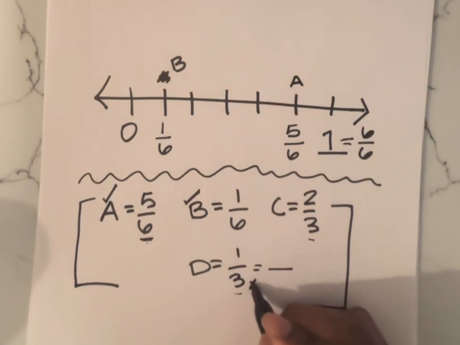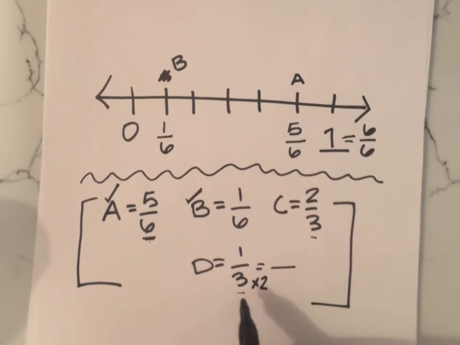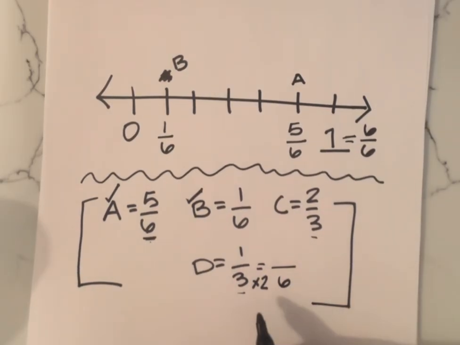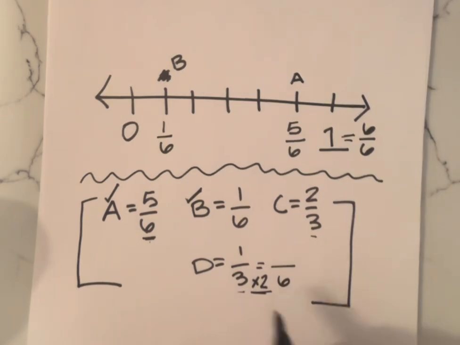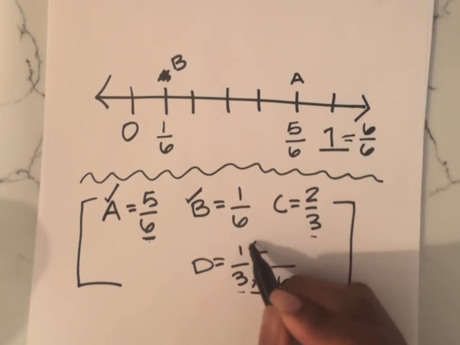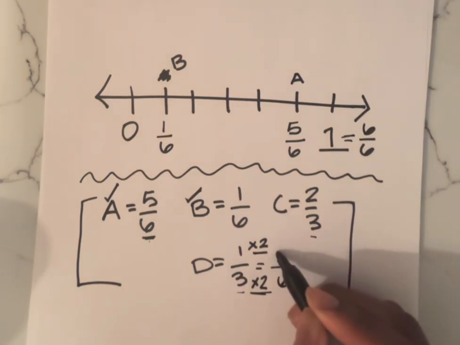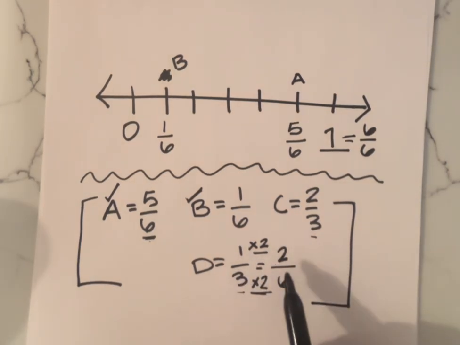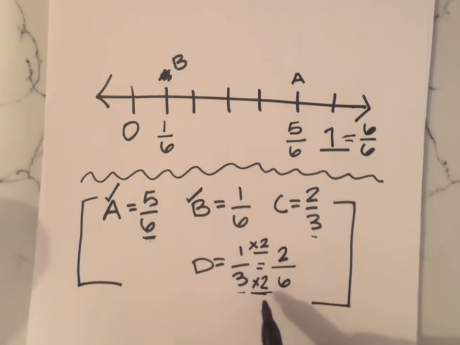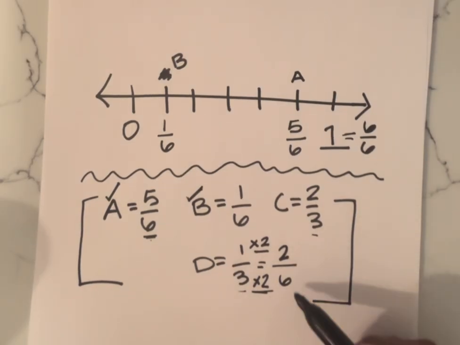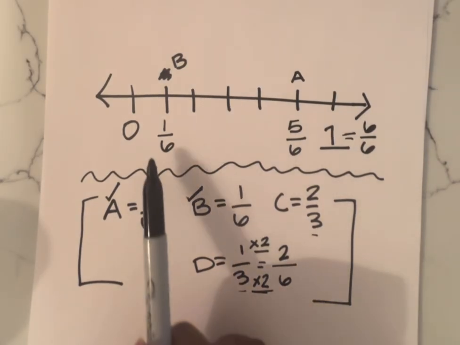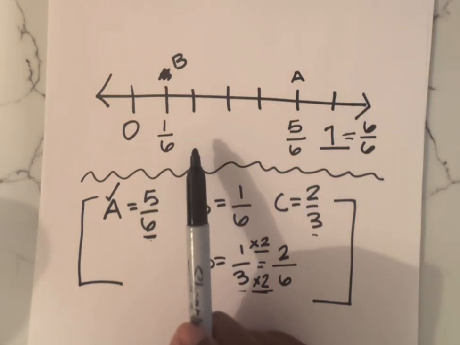We have to multiply by 2 because 3 times 2 equals 6. And what we do down here in the denominator, we must do up here in the numerator. So we're also going to multiply our numerator, our 1, by 2. So we get 1 times 2 equals 2, 3 times 2 equals 6. We have 2/6.